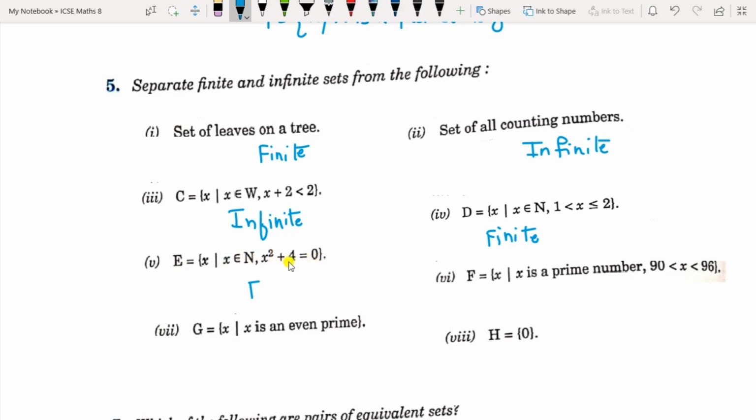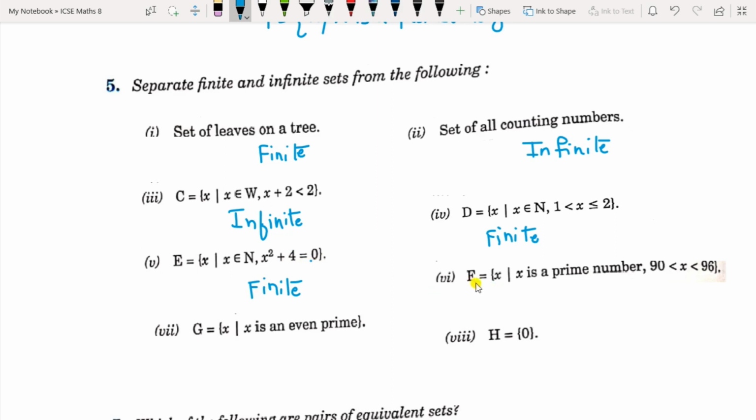So there is no such number. When you make it square and add it to 4, you cannot get 0, because if you do the square, the number becomes positive. If we add minus 4 plus 4, then only it becomes 0. No other number becomes 0 here. So it is an empty set. So it is a finite set.